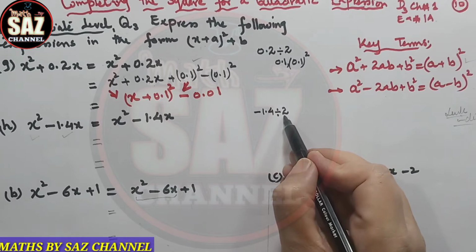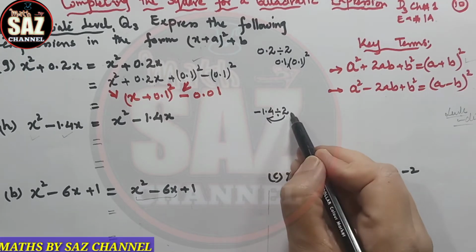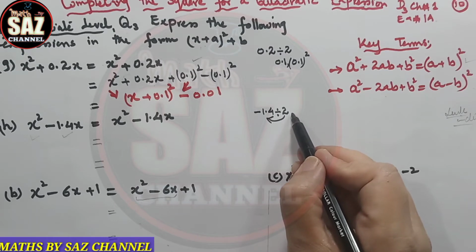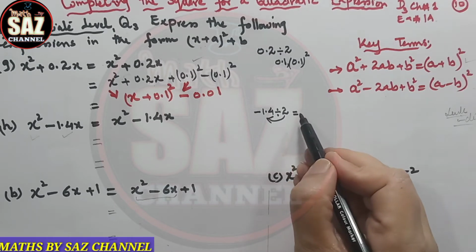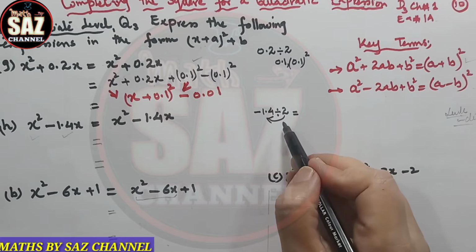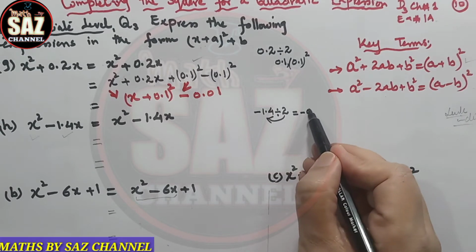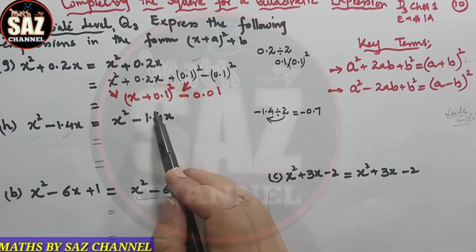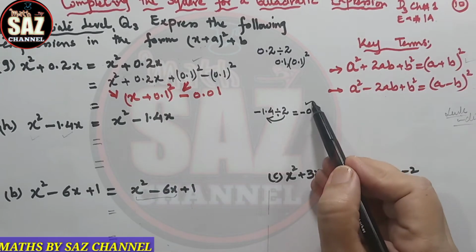When I'm dividing 1.4 by 2, as the given value is in decimal, preferably keep it in form of decimals. Do not turn it in form of a fraction. It will become 0.7. Half of the coefficient of x is minus 0.7.